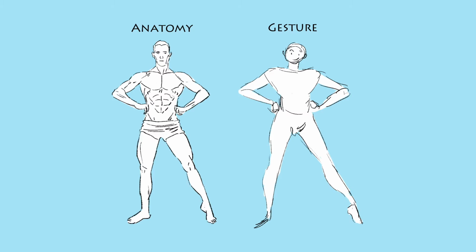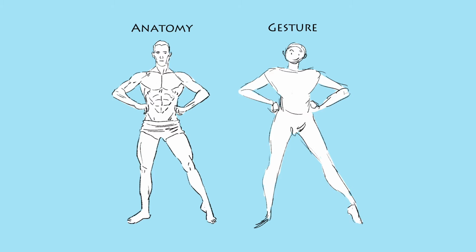Now in the anatomy version, we see that it's drawn with all the intricacies of the muscles, and we draw the abs and chest and everything. For storyboards, because you're on a deadline and you need to get your ideas across pretty fast, you don't have time to draw every muscle or draw everything anatomically correct.